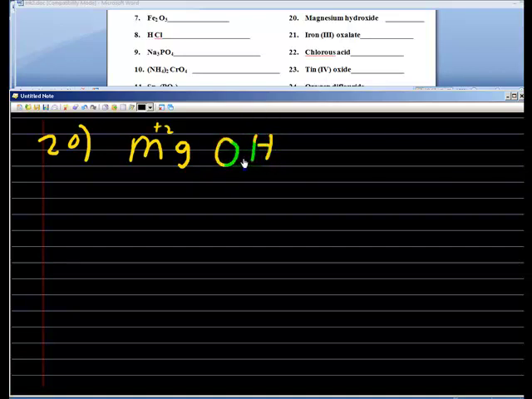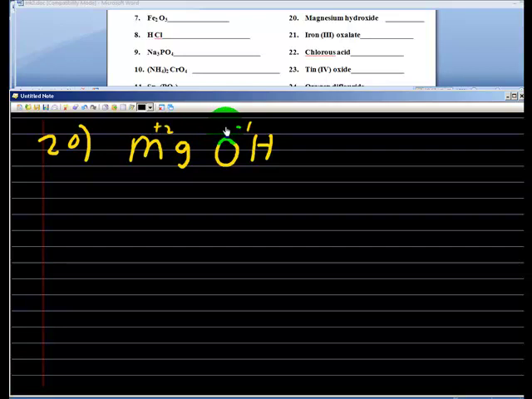OH is made up of oxygen and hydrogen, and it's one unit. These two are locked together so tightly that they always work as a unit. But here's what's interesting about that unit. The oxygen-hydrogen unit has a -1 charge to it. And you know it does because your polyatomic chart has that showing. So the OH is a -1. Magnesium is a +2.